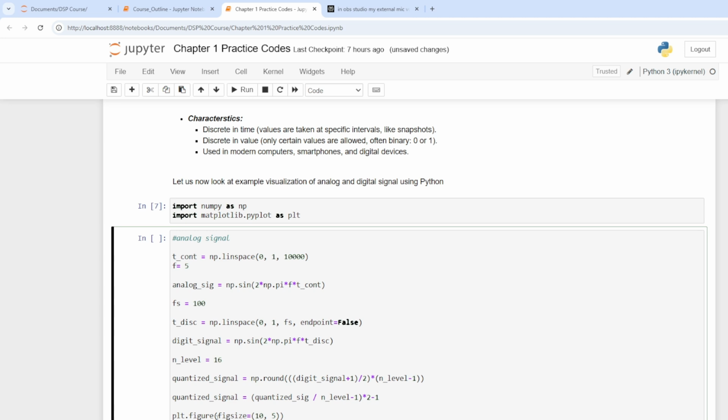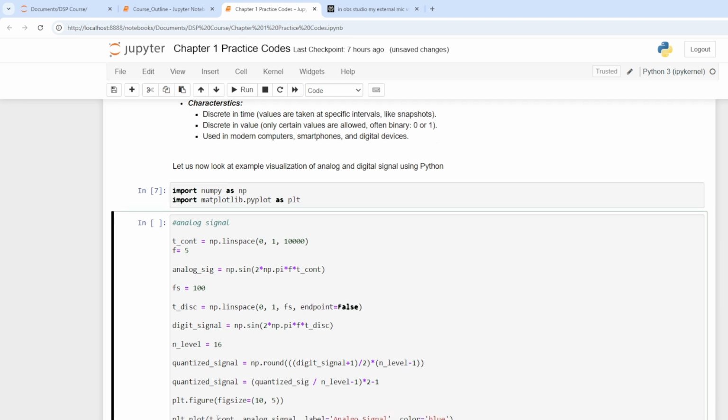And then finally we will give it some sort of label, and let's also give it some title: analog versus digital signal.